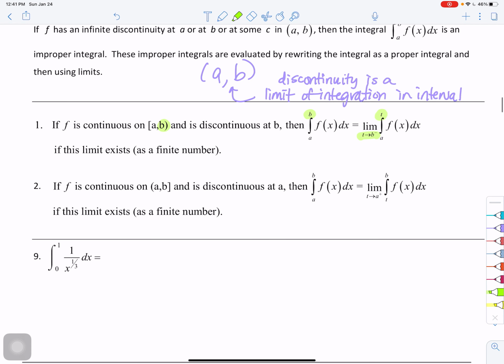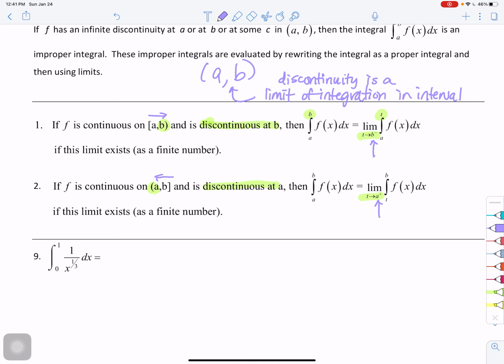And then if you notice here, a is a discontinuity. B is a discontinuity. And so you will take the limit as you approach a from the right. Now, why do we even mention right and left? Well, if you notice, we are going to approach b coming from the left because b is on the right endpoint. We are going to approach a coming from the right. That's why we put the right here, if it's on the left endpoint.